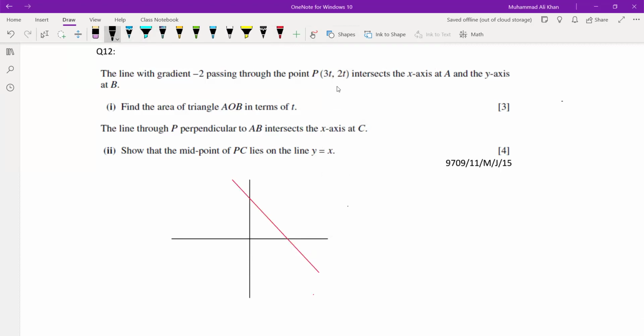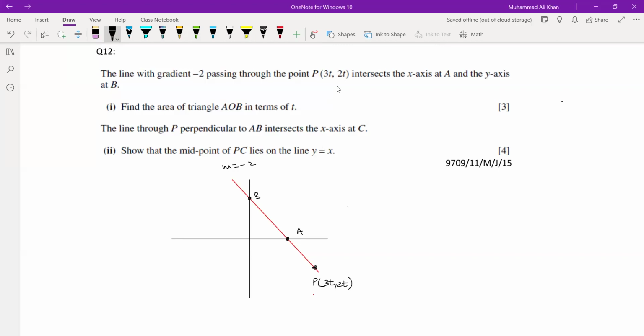Line having gradient -2 passing through a point 3t and 2t. Let's say I'm writing here P, which is (3t, 2t). Intersect the x-axis and y-axis at A and B. Find the area of the triangle AOB.